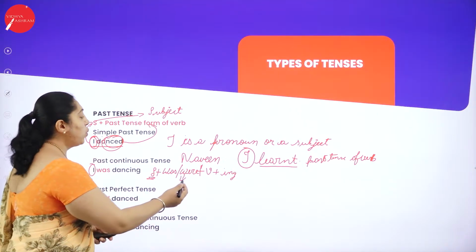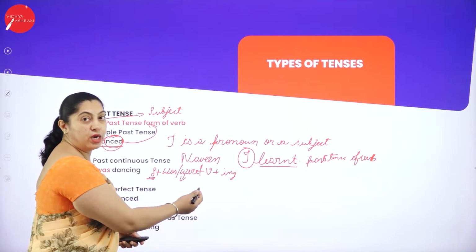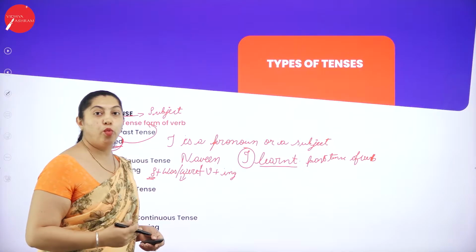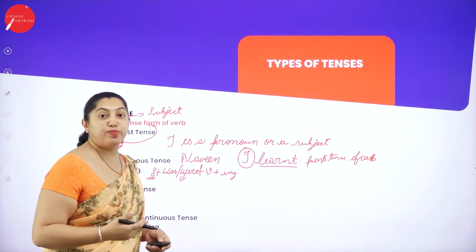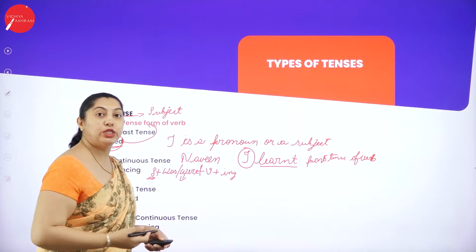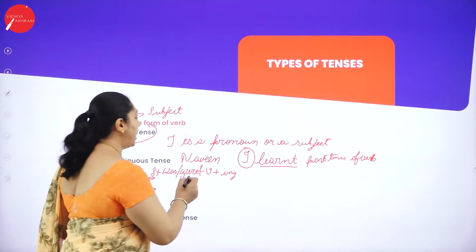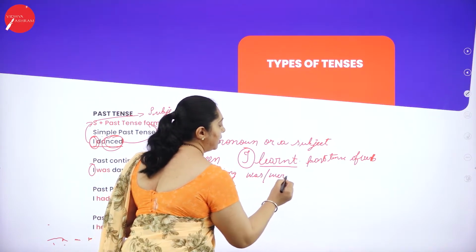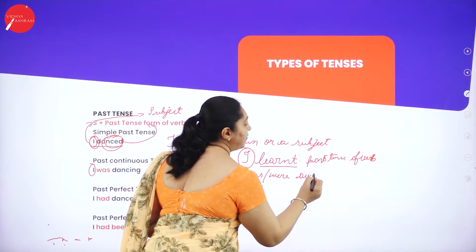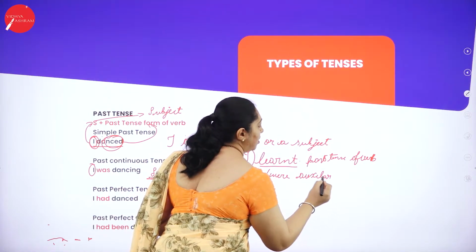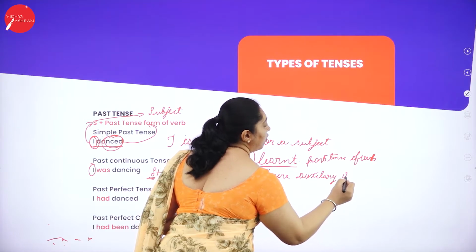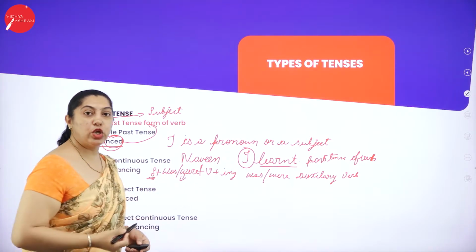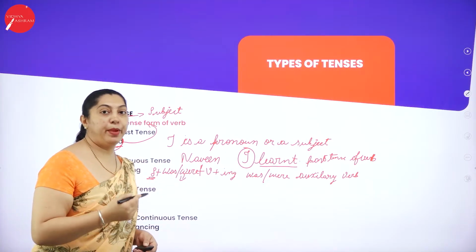These two words, was or were, will be used depending on the singular or the plural form of the subject. If you ask me what was or were is also known as, it is known as auxiliary verbs or helping verbs.